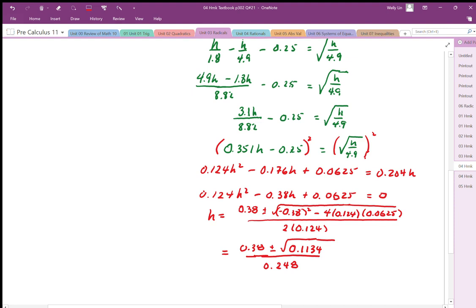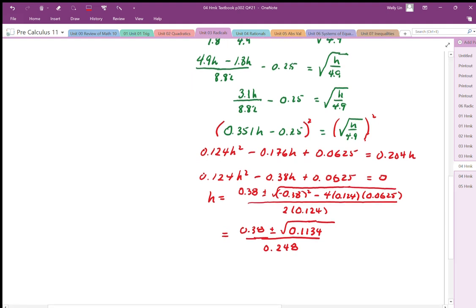Okay, so I'm just going to put that in my calculator. I'm just going to type that out: 0.38 plus the square root of 0.1134, divided by 0.248, and this gives me a solution of approximately 2.89.